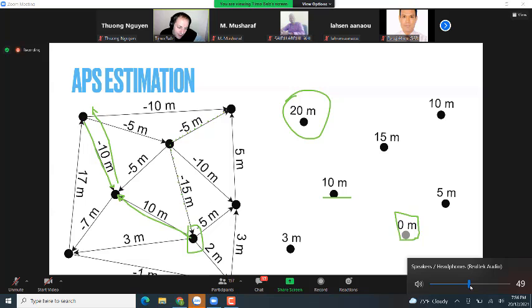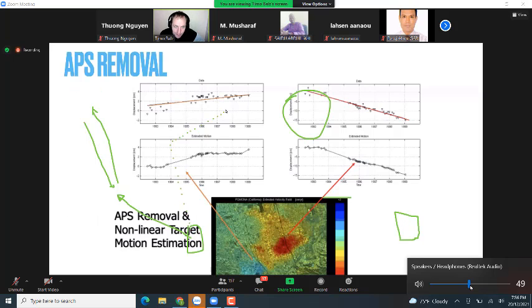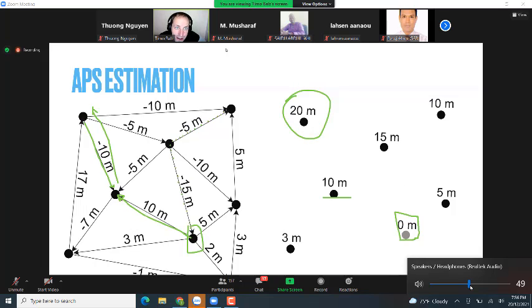So when we go from our reference point to another point farther away on the edges, we get an unwrapped residual vector there with respect to the reference point.